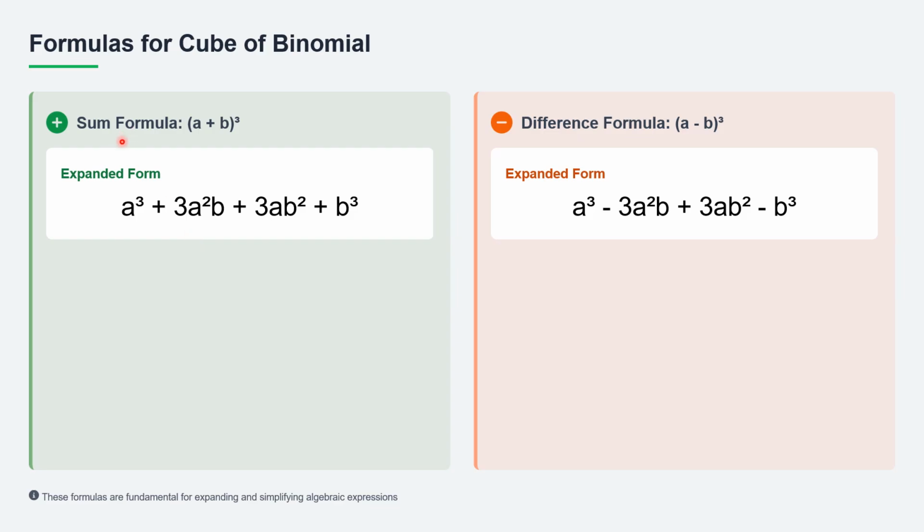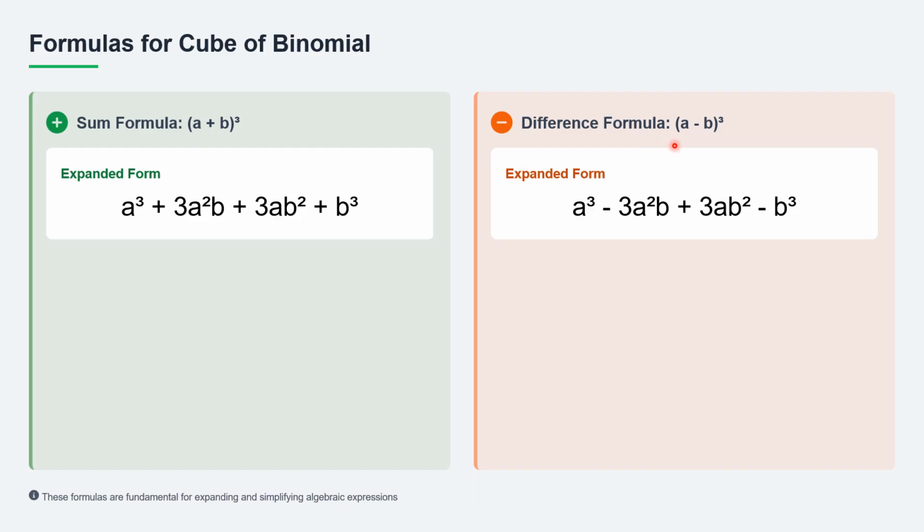When the given is in sum form, the sum formula is a plus b cubed. The expanded form is a cubed plus 3a squared b plus 3ab squared plus b cubed. On the other hand, we have the difference formula.